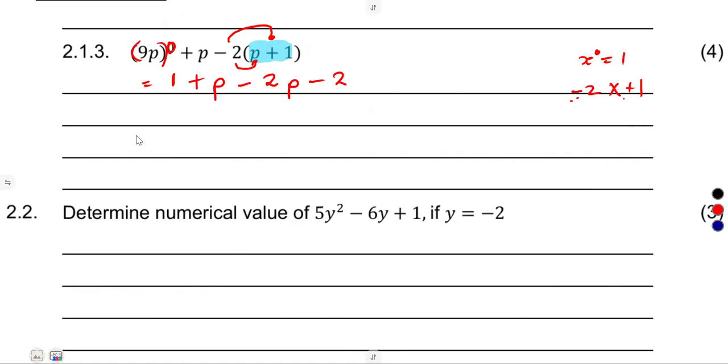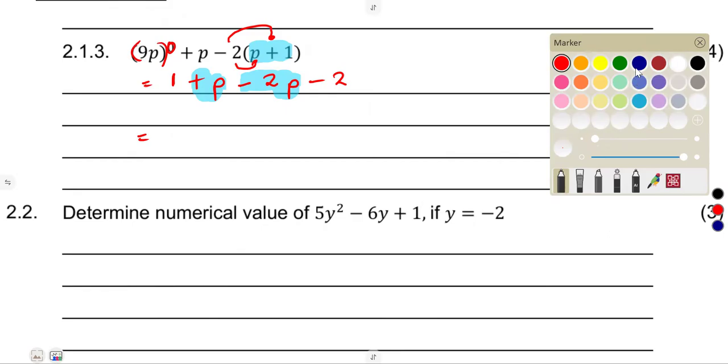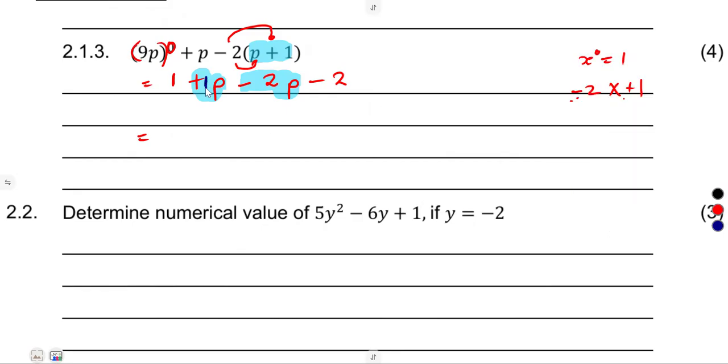So that's it. Let's collect the like terms. As we can see, there is p here and there is minus p. So collecting the like terms, it is 1p minus 2p. So it's 1 minus 2, which is negative 1p, and negative 1p can be written as negative p.